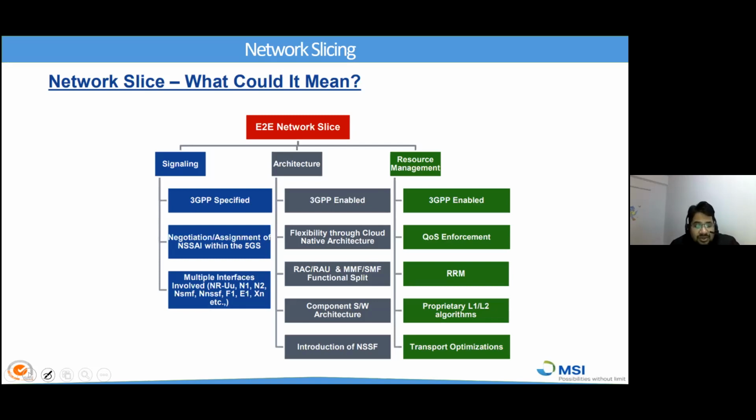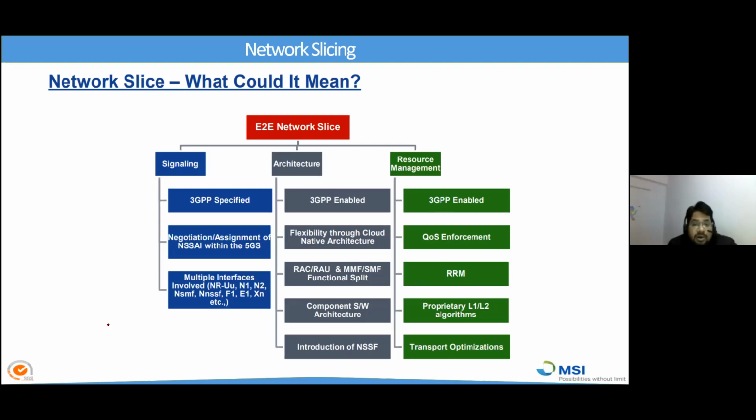So this kind of signaling is defined by 3GPP as well, and different kinds of interfaces which are already in the definition of 3GPP for 5G, like the NR-Uu interface, N1, N2 interfaces, and some other interfaces, right? So all these interfaces are defined or generalized by 3GPP under the umbrella of signaling.